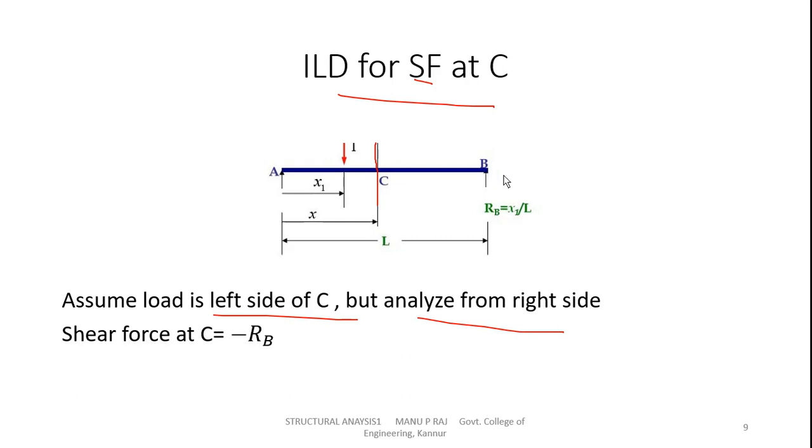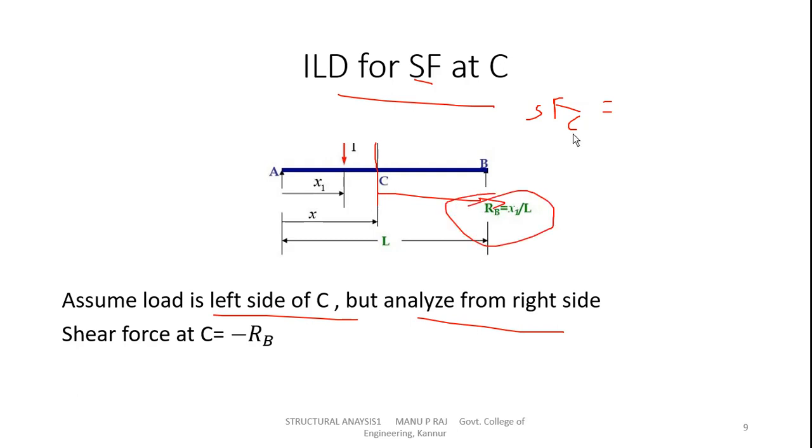So the shear force at C is the algebraic sum of forces either to the left or to the right. In this case, you are considering the right portion only, and the right portion has only one load, RB.